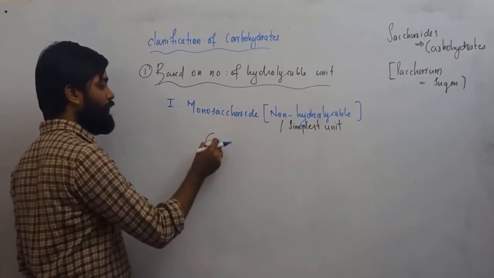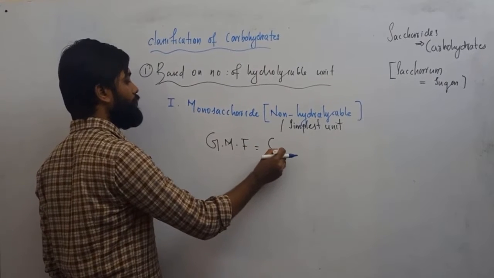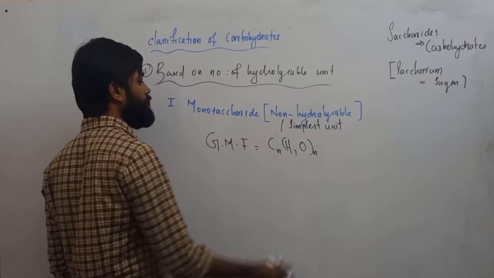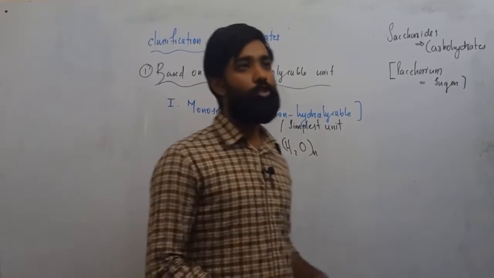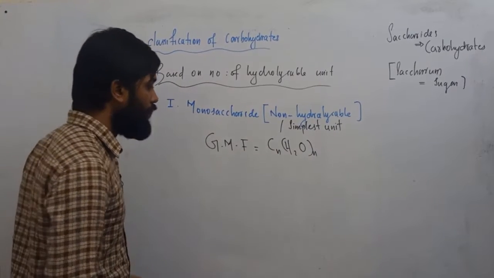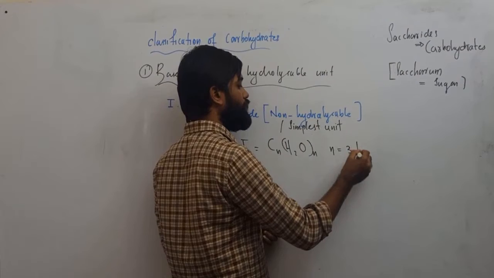The general molecular formula of carbohydrates can be written as CnH2On, where n can vary from 3 to 7.